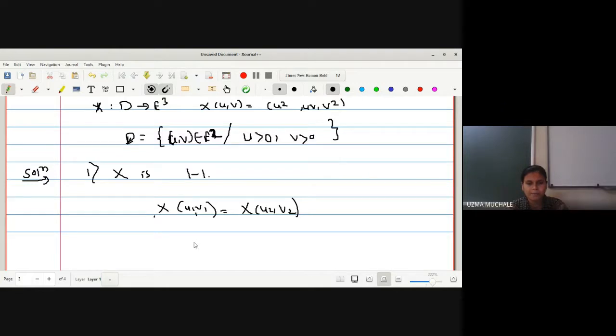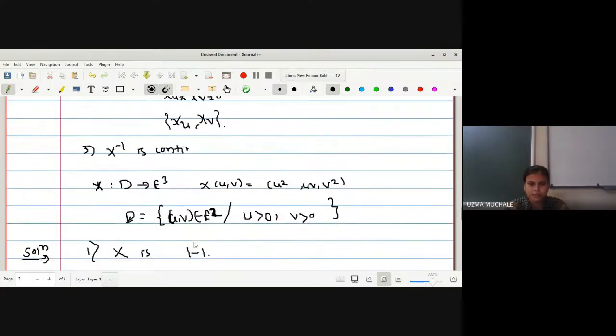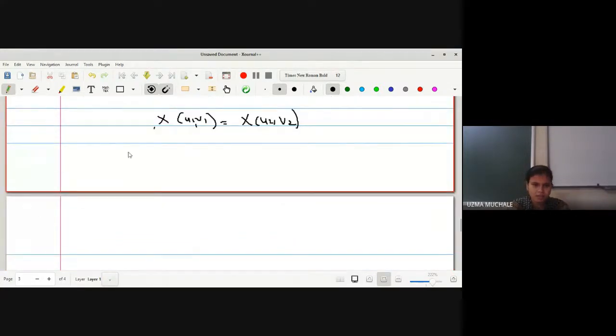Right? So let us go one by one. What is given in the definition? X is equal to u1 square, u1 v1, and last is v1 square. It is equal to, sorry, here it is u2 square, u2 v2, and v2 square.